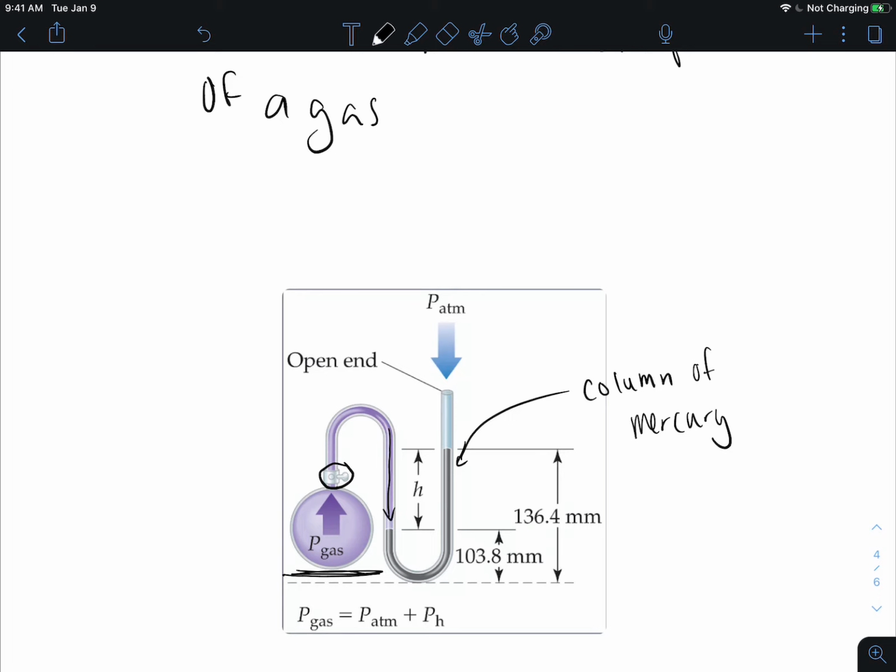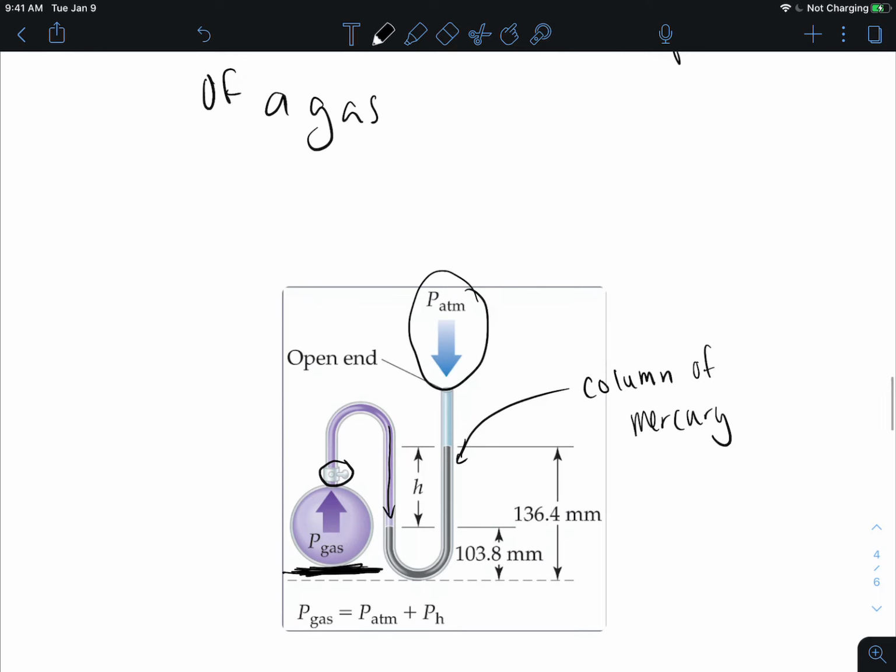And that column of mercury will be pushed by the gas here and by the atmospheric gas. So there's going to be an open end that is open to the atmosphere, and then there's going to be a closed end that is enclosing the gas. So the gas pressure itself, our P gas, is equal to the atmospheric pressure plus our column height, so our height difference we see right here.